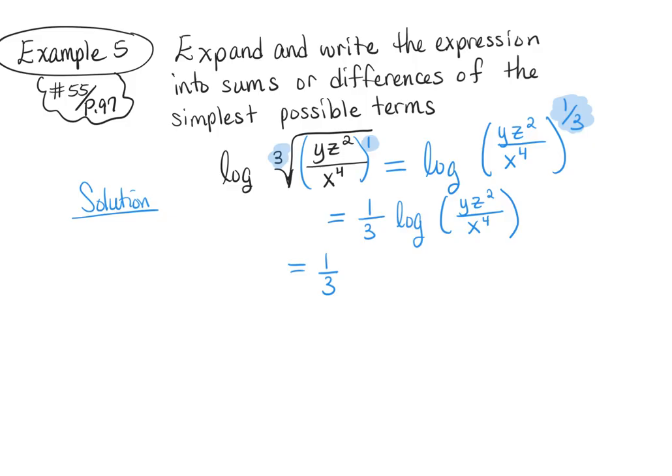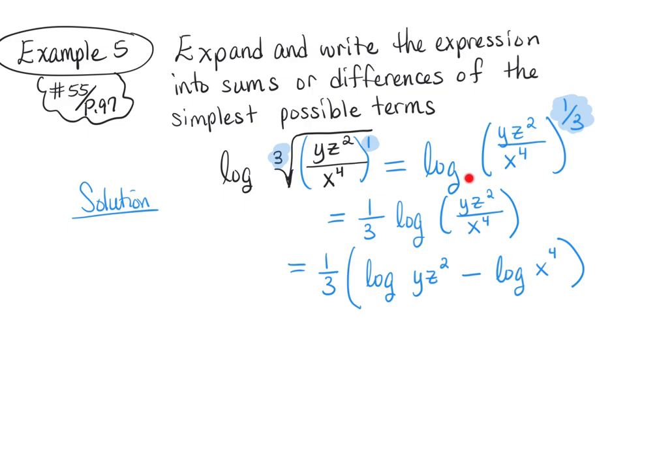So if you want to write parentheses, use that if it makes you happy. So this is the log of yz squared, which is our numerator, minus the log of x to the 4th, which is our denominator.